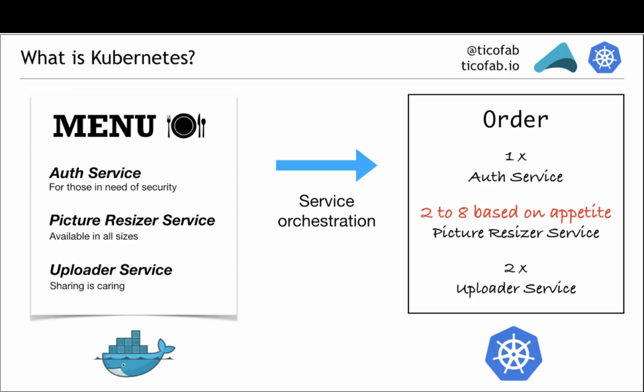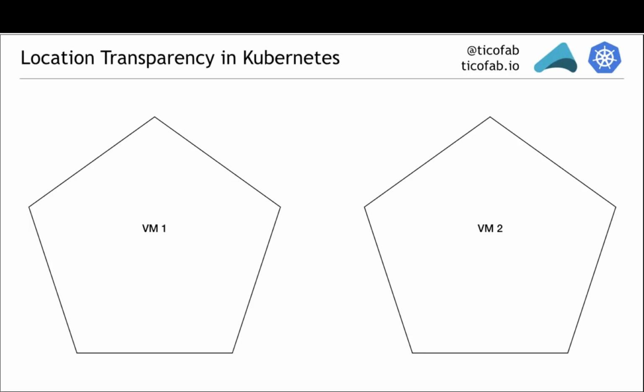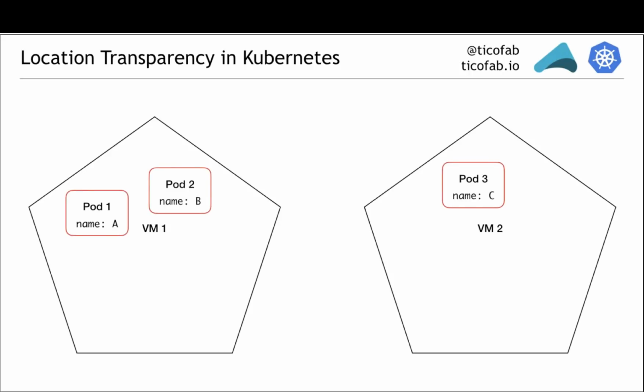Let's look at location transparency, the same concept, but then in the Kubernetes world. So at the bottom of everything, there are virtual machines. Kubernetes works with virtual machines like EC2 instances on AWS, for instance. And the basic computational unit in Kubernetes is a pod.